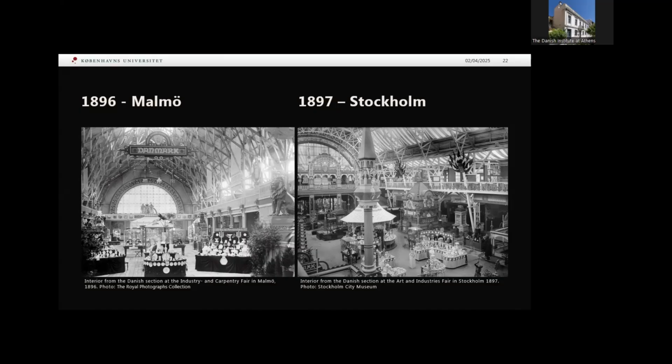moved to the Industry and Art exhibitions in Malmö in 1896 and Stockholm in 1897, but not as an example of the sculptural qualities of Denmark, but as actual decorations once more, framing the Danish contributions to these exhibitions.